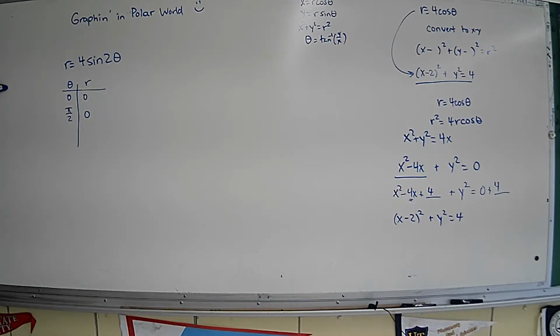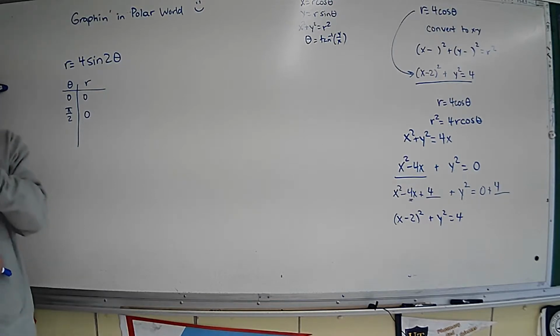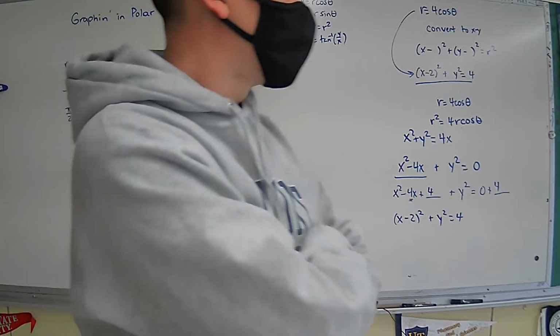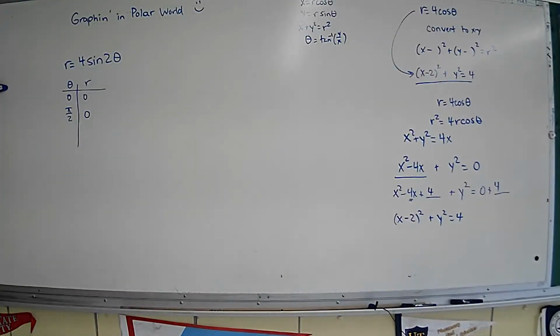So explain to me then what's happening to r as theta goes from 0 to pi over 2? What's happening to r? The distance increases and then it decreases, right?